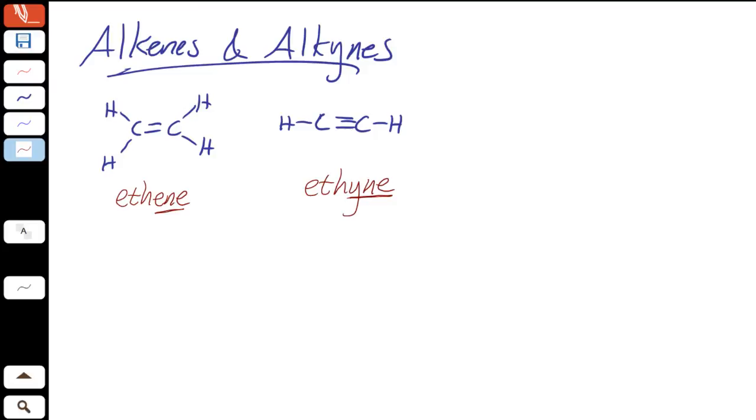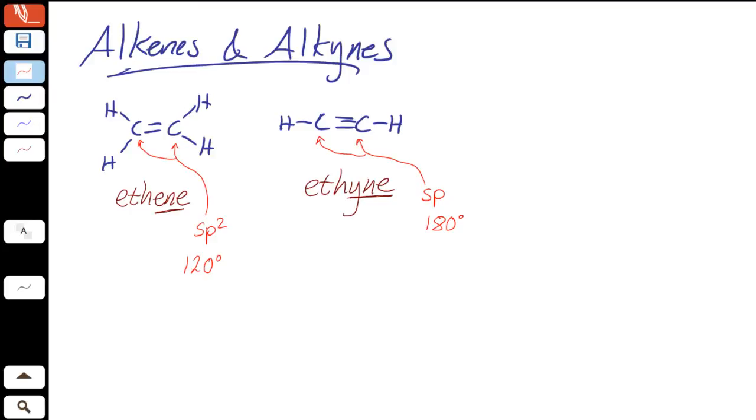So, to review this stuff, what's the hybridization of the carbons on ethene? sp2. Good, thank you. And ethyne is sp. So that means that double bonds are going to have 120-degree bond angles, triple bonds 180-degree bond angles.